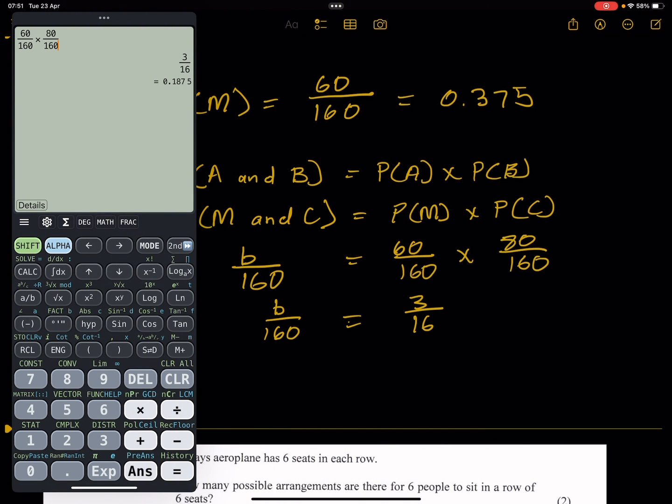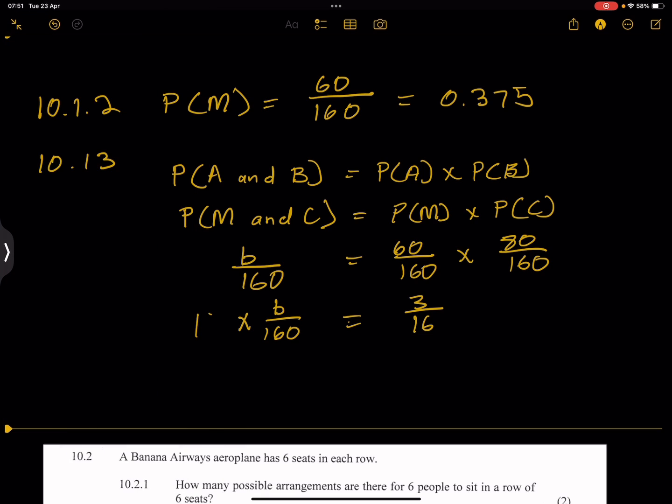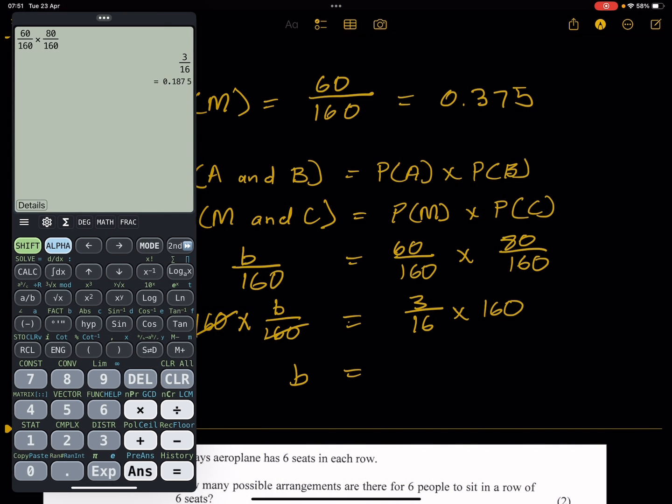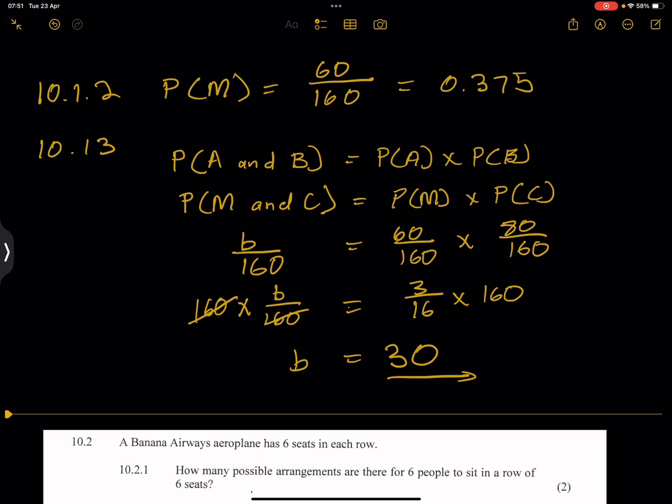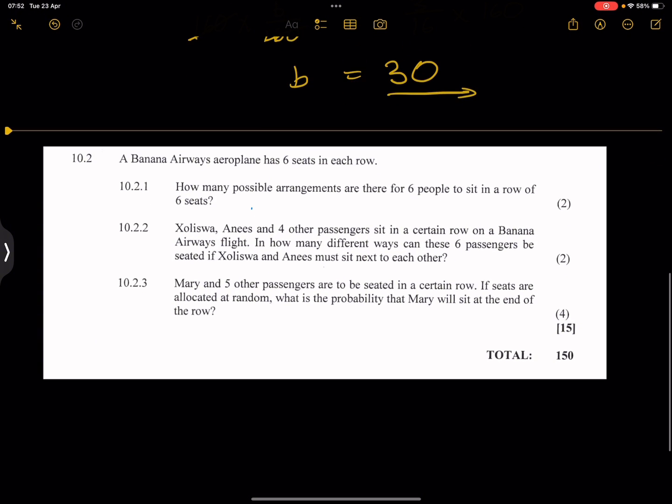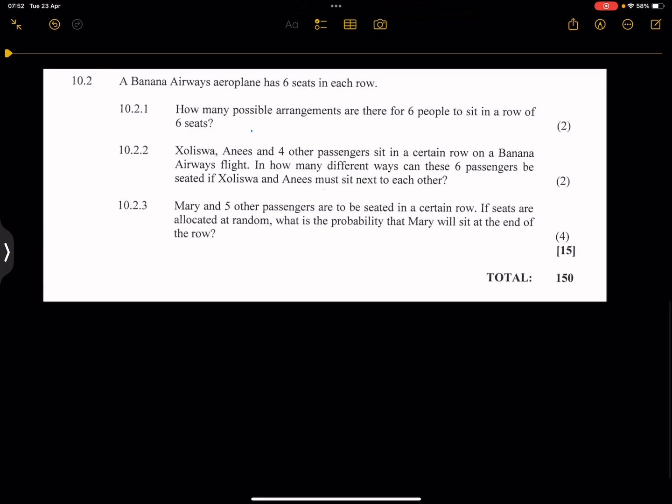All right, so to get the value of B, all I need to do is multiply by 160 on this side and multiply by 160 on the other side. So that cancels with that. And so the value of B is 3 over 16 multiplied by 160. And I get the value of B to be equal to 30. All right, so please remember, for independent events, this is the statement that you will always use. All right, so let's go to the last part of the question.